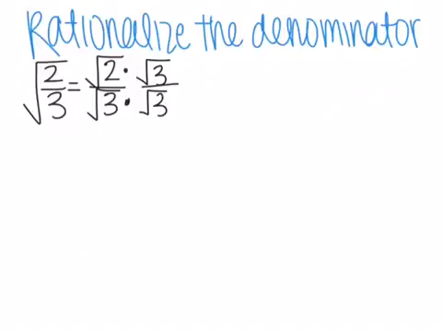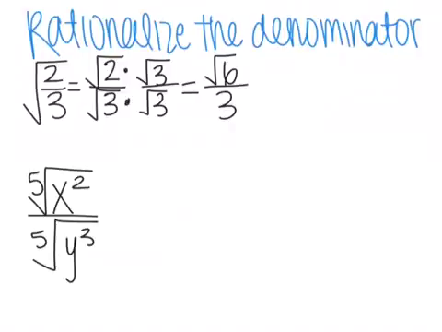The square root of 3 over the square root of 3 is equal to 1, so we're not actually changing the value. So the square root of 3 times the square root of 3 is just equal to 3, and the square root of 2 times the square root of 3 is equal to the square root of 6, because both the 2 and the 3 are underneath square root signs.